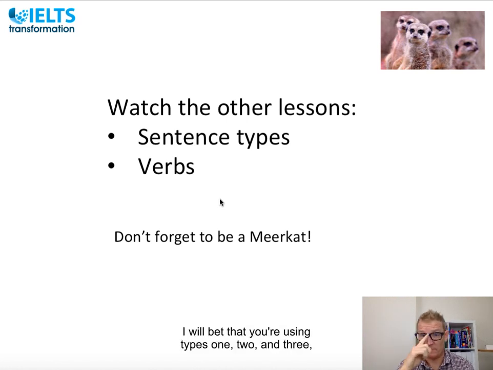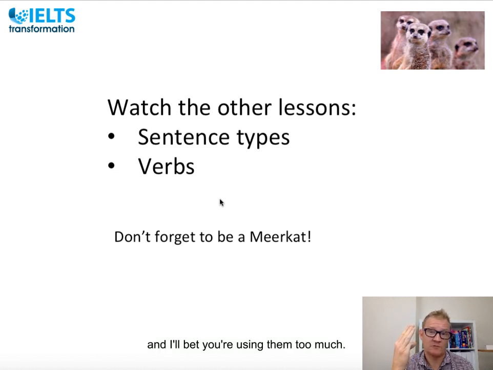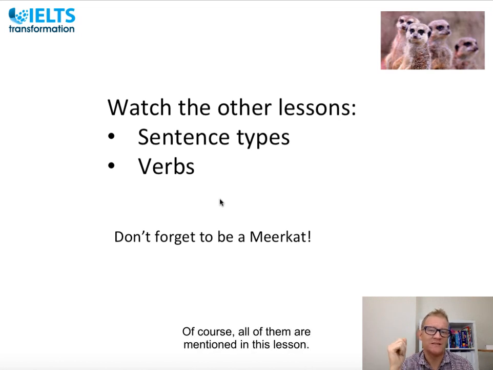I will bet that you're using types 1, 2 and 3, and I bet you're using them too much, so try and just change it a little bit. That would be great. And also go back and look at the handout and try and find the subjects in those sentences. Of course, all of them are mentioned in this lesson, so good luck with that.